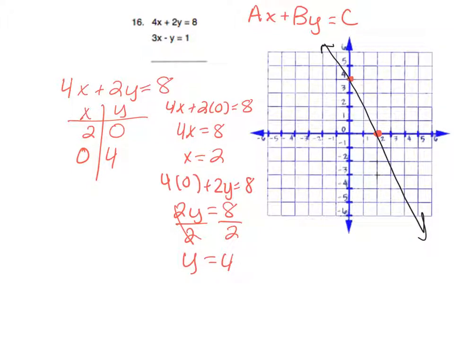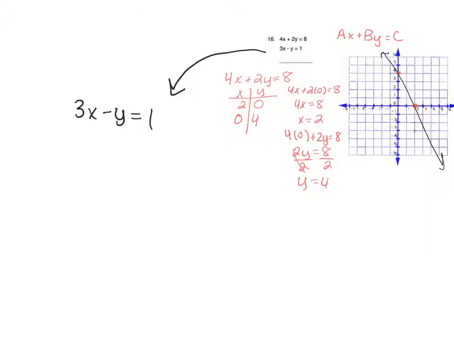Then for this next one, I'll be doing the same thing over here. I've got 3x minus y equals 1. From here, when it's got a y by itself, I'm going to recognize that I want to put this one into slope-intercept form.